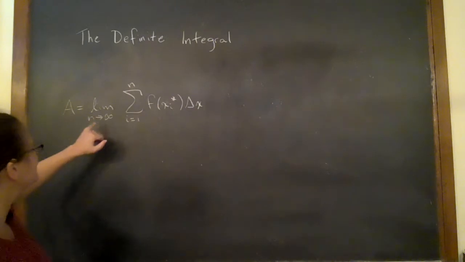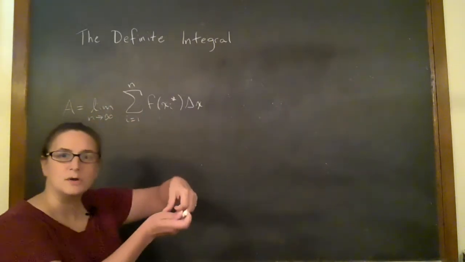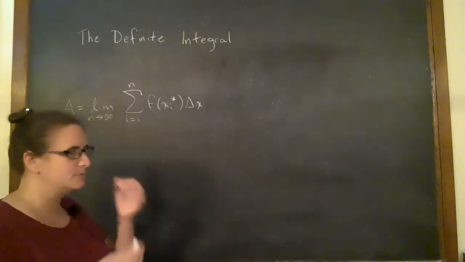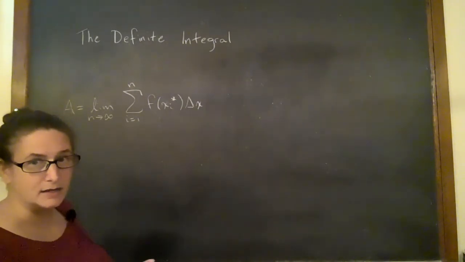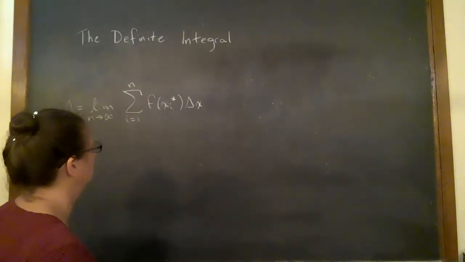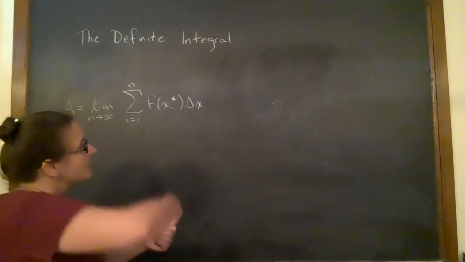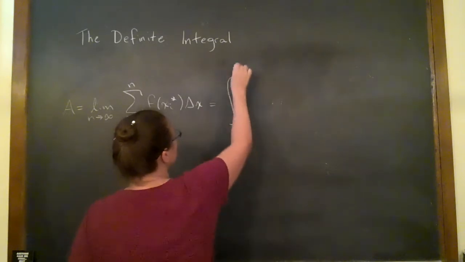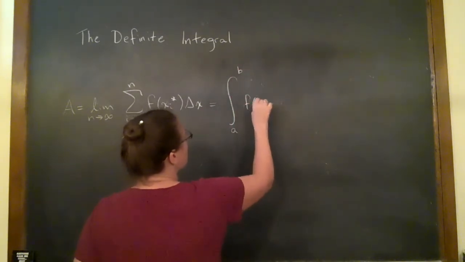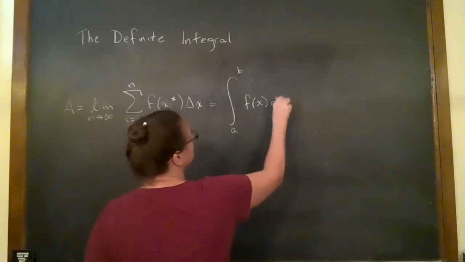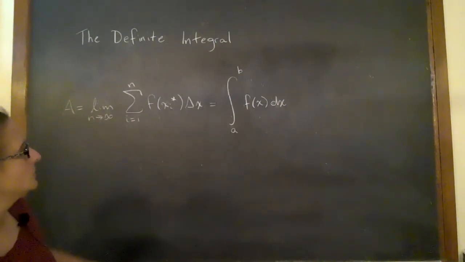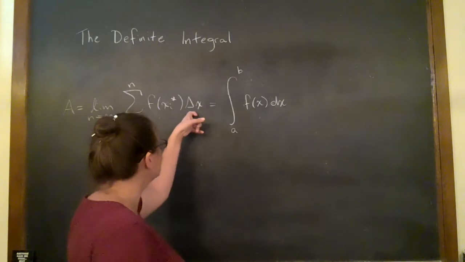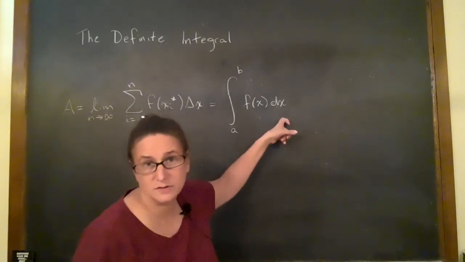But as n goes to infinity, think about, instead of being a Greek sigma, it's now going to be like a regular s, like a Roman s, but it's going to be extended. So this is just a notation, and this is the notation for the integral. The dx, the delta x becomes dx as n goes to infinity.